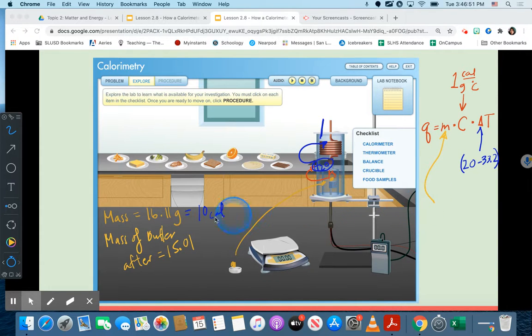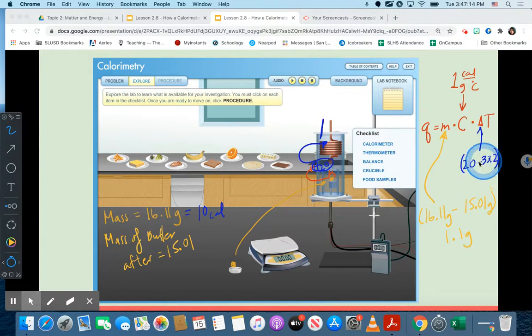So if I started out with 16.11 grams, and after I burned it, I'm left with 15.01 grams, well, if I subtract these two, I can figure out how much butter actually burned. So if I subtract those two, only 1.1 gram of the butter burned.